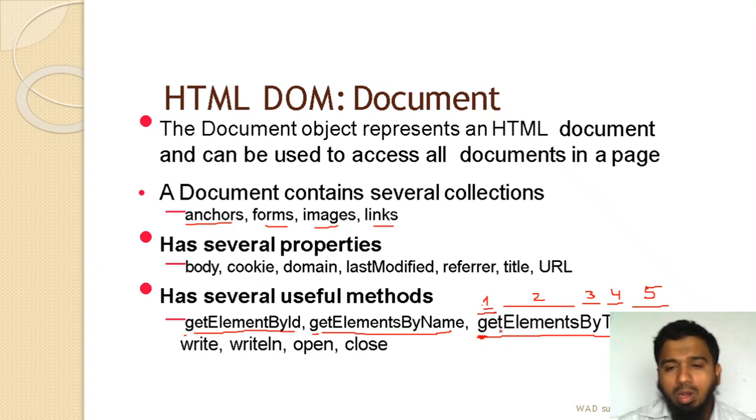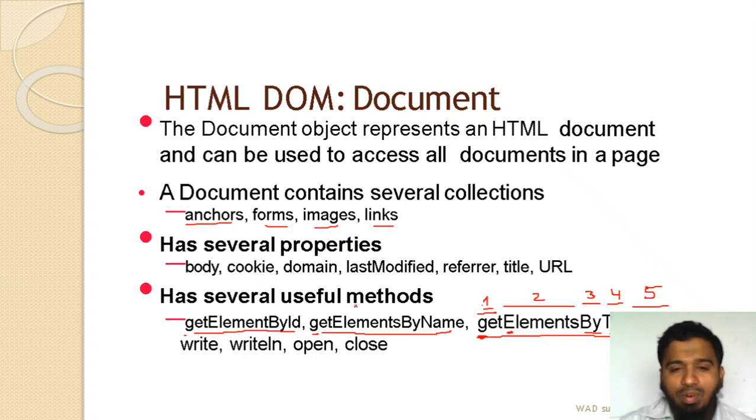Get is small, and for the rest of the words in the method, every first letter should be capital. See, Elements, E is capital, By, B is capital, Tag, T is capital, Name, N is capital.